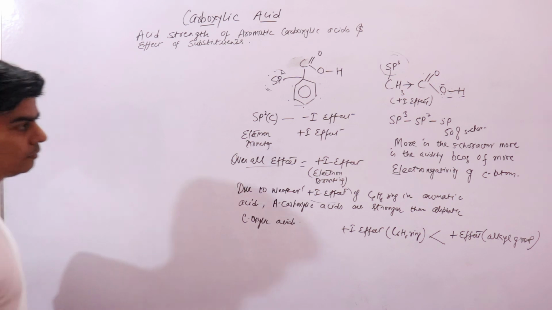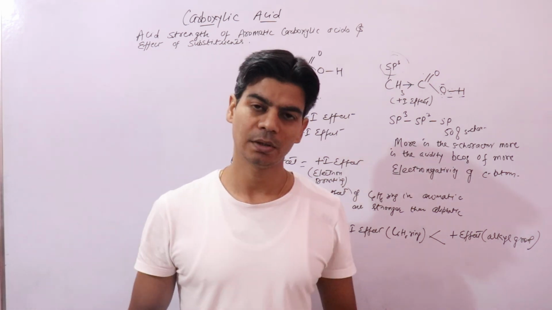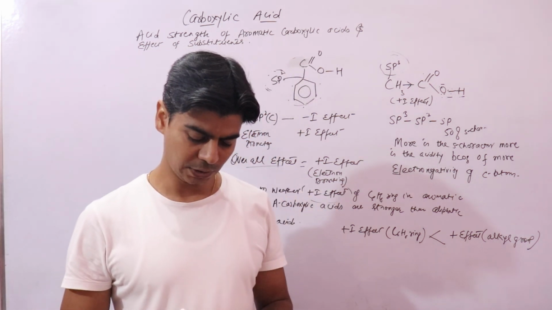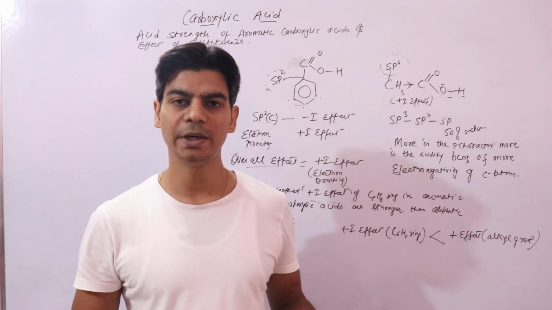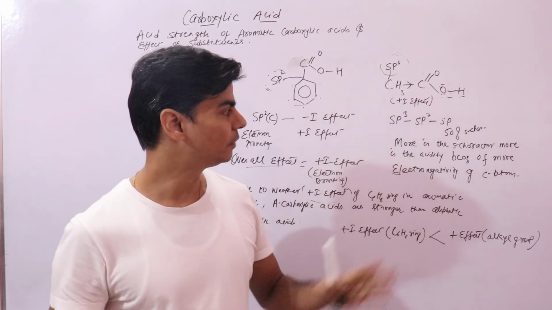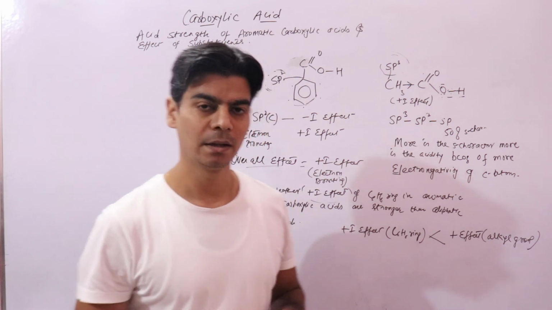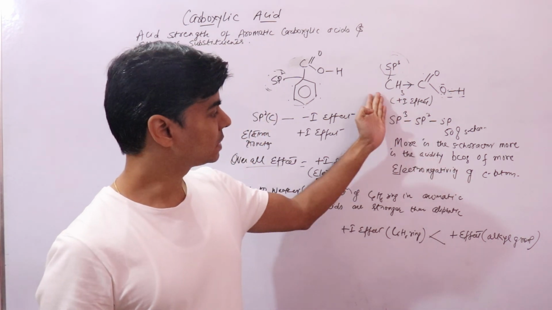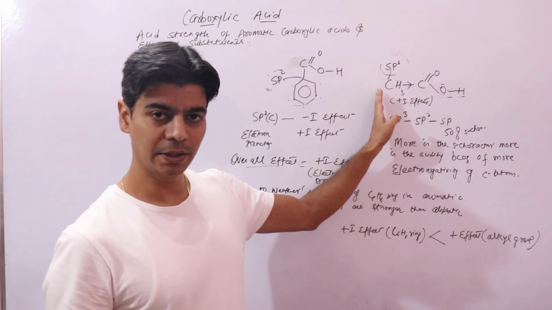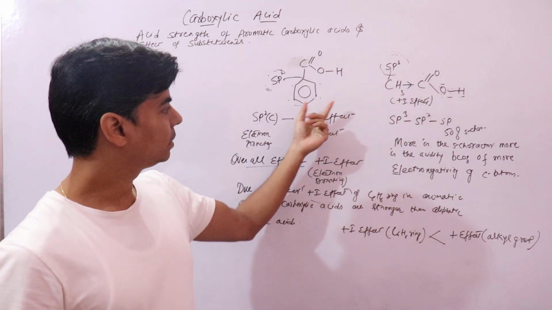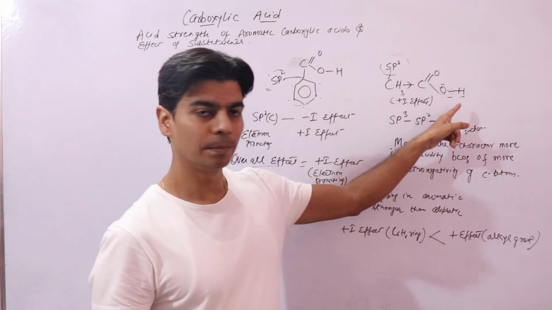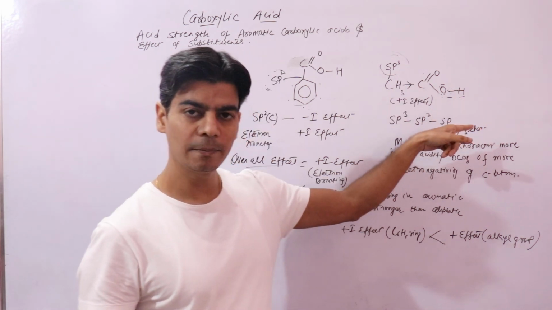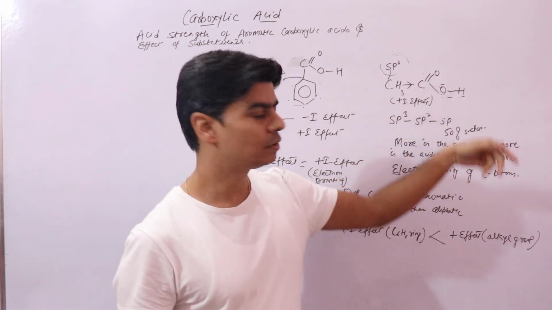Like we have done in the previous lecture, how electron withdrawing group and electron donating group affect the acidic strength of aliphatic carboxylic acid, right? Like we have studied here in this explanation, electron releasing group will make this a stronger bond, right, and will make the release of hydrogen ion difficult.